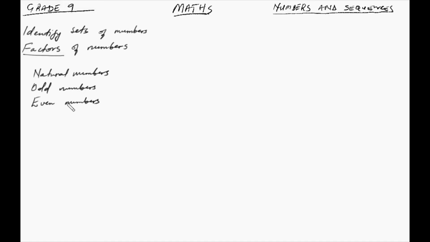Then we also looked at square numbers. You can have a set of square numbers, a set of even numbers, a set of odd numbers, a set of natural numbers. We also have cubic numbers.